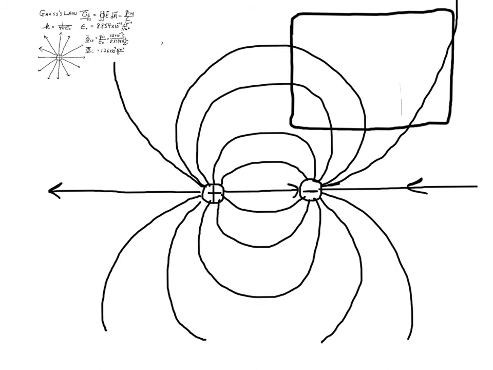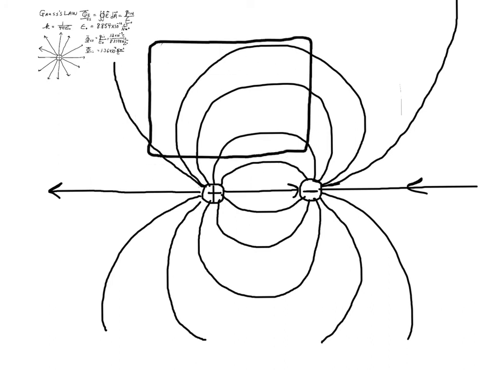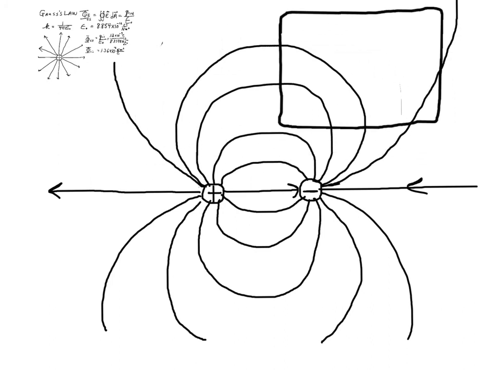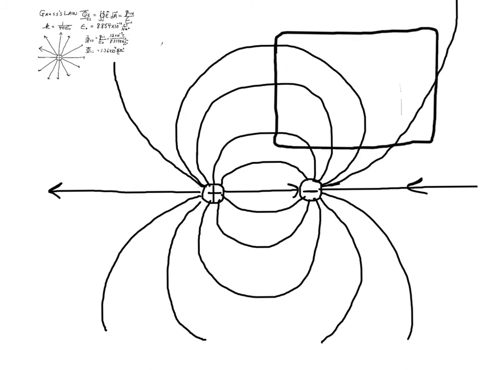Okay, here's my dipole that I showed you with 12 lines, and here's my Gaussian surface, my imaginary cube or square. It's not actually square, but anyway.